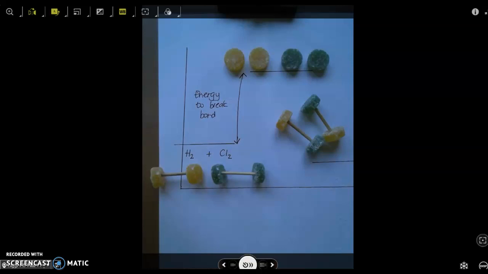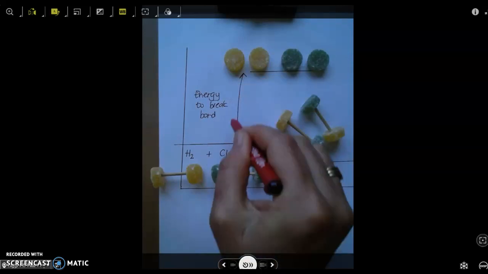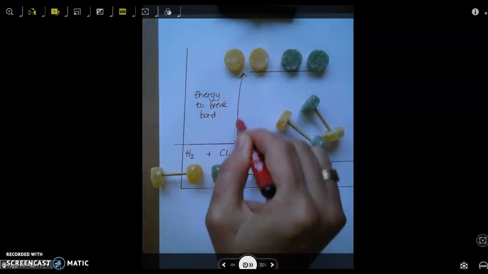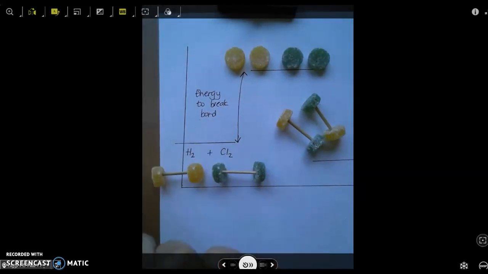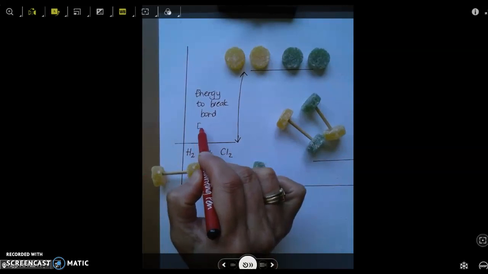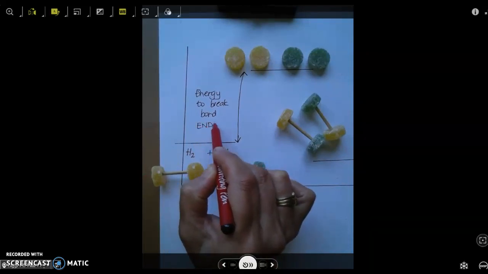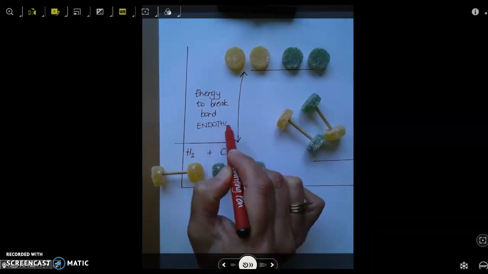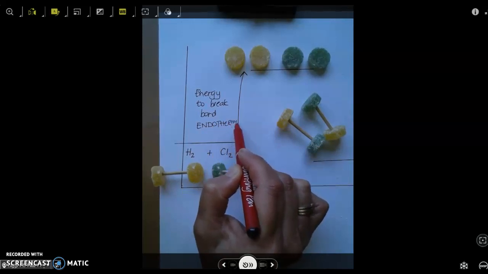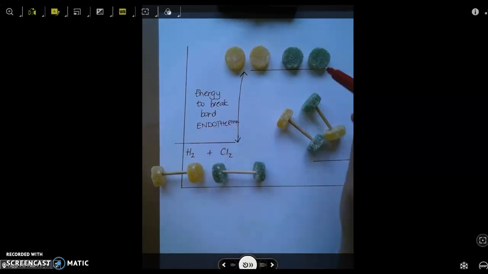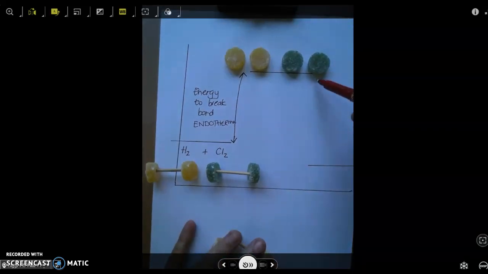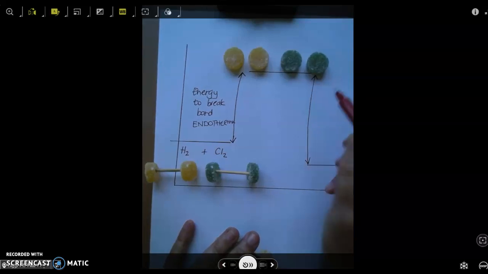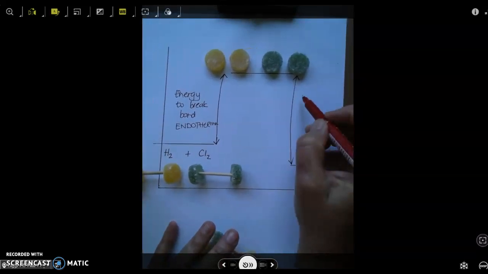Now, this energy to break the bonds is shown at this part of the graph. This is, because I'm putting energy in, this is the endothermic part. And equally, over here, the energy I need to form new bonds, that's the energy to form new bonds.